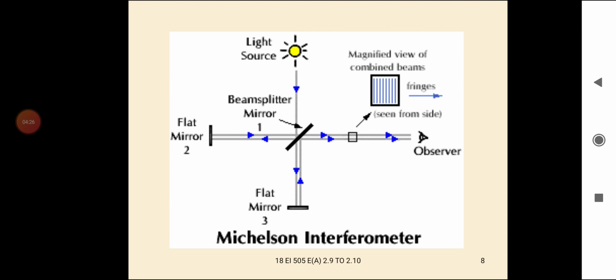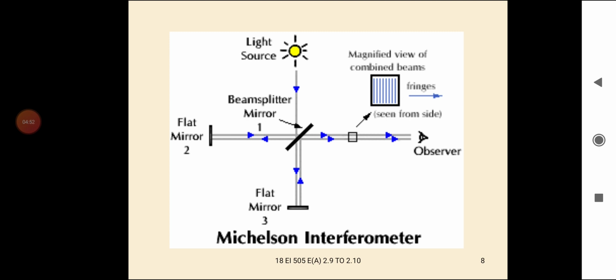The light focused onto the mirrors comes back to the beam splitter, where the two beams combine due to interference.